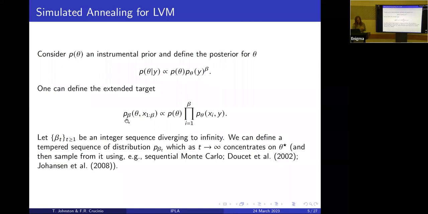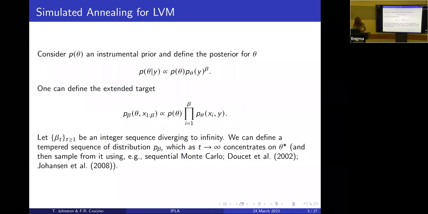And we consider this extended target, which now is the prior times beta copies of the joint likelihood. So clearly, this requires beta to be an integer. That's the first thing. The second thing is that, again, if you set beta to go to infinity, this will concentrate on the maximum likelihood theta star, the object that we care about.